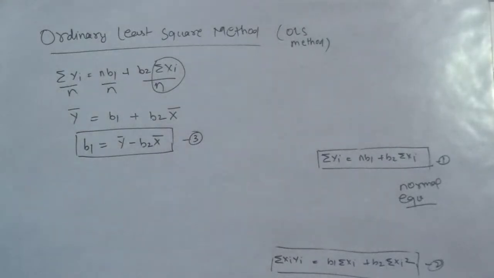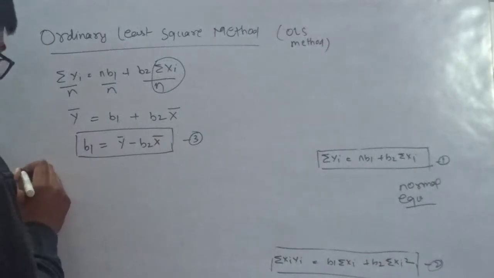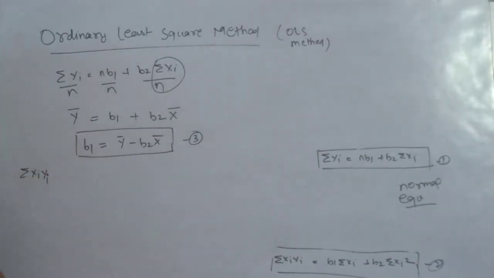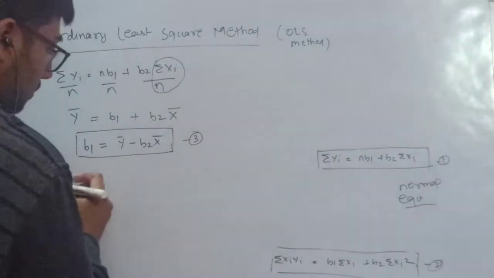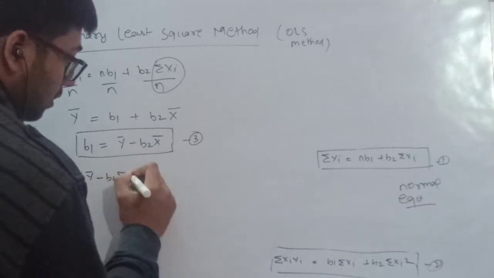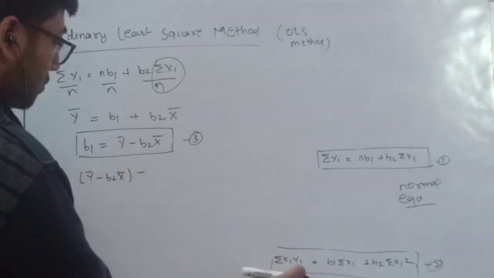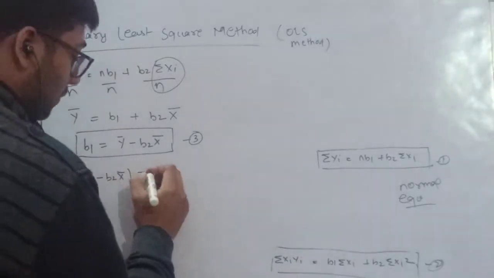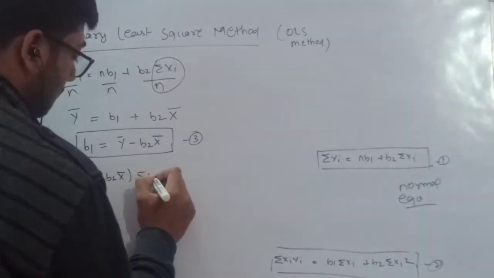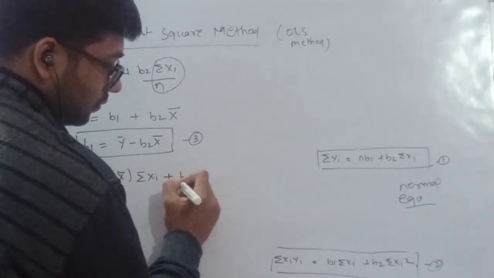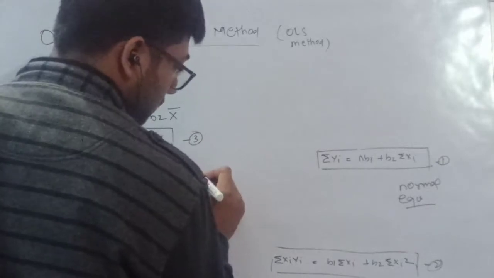Substitute equation third in equation 2. What will we get? Summation xi y is equal to b1, which is y bar minus b2 x bar, substitute this in summation xi plus b2 summation.